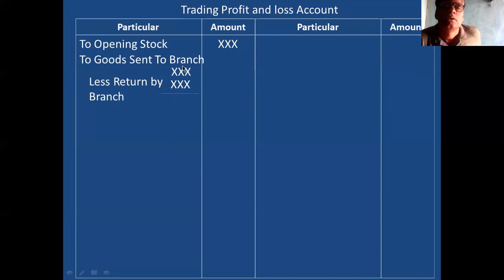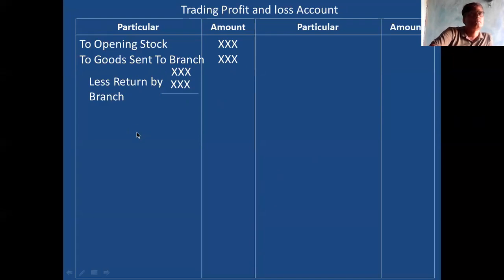Then branch returns goods to head office. You take the total goods sent to branch, deduct the goods returned by branch, and the ultimate answer you write in the amount column. Any doubt? In place of purchase, you take this point. Clear? The next is, what are the items coming under debit side?